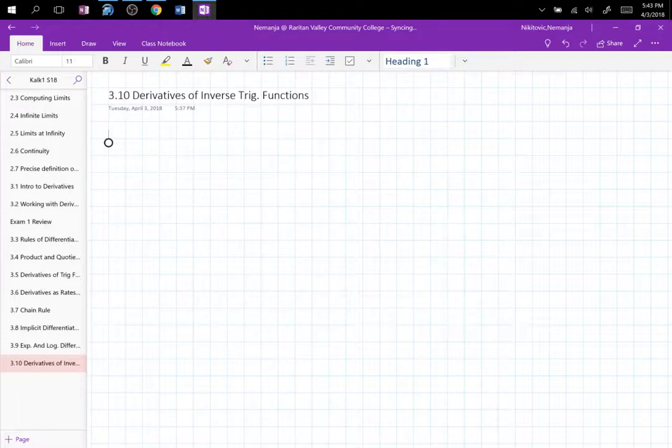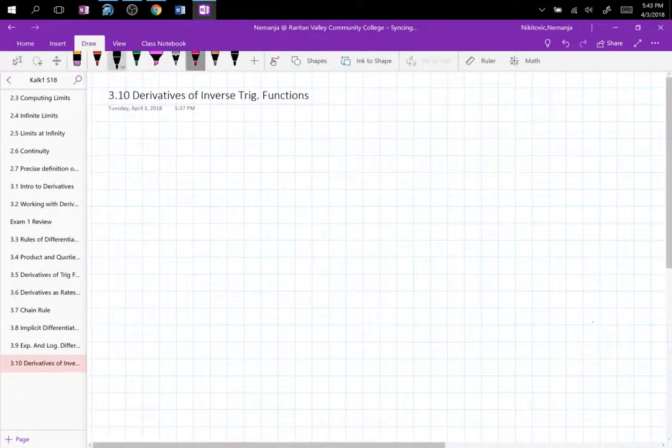The whole lecture is just me listing the formulas and then using them on a few examples, and we're done. So let's take a look at the formulas.